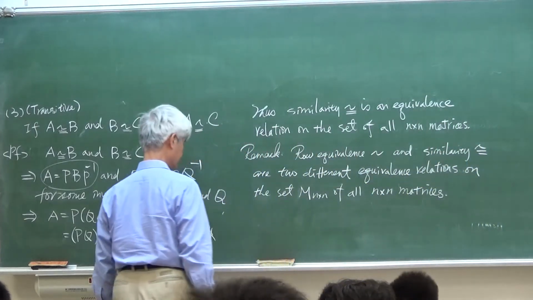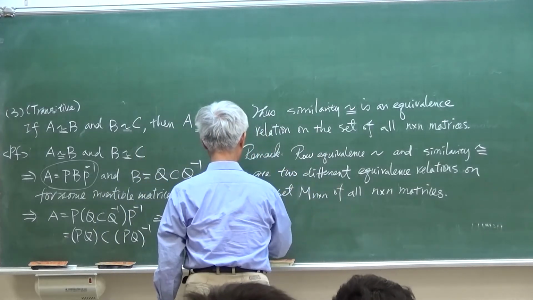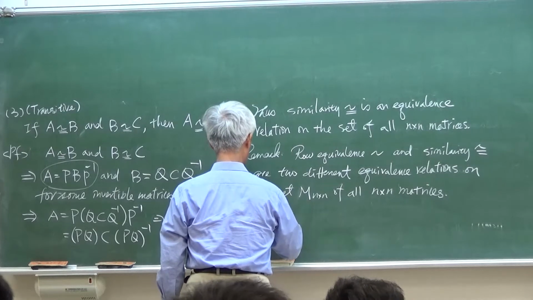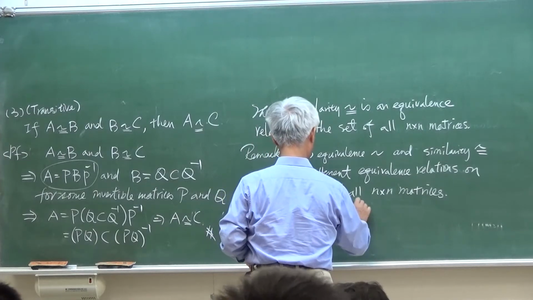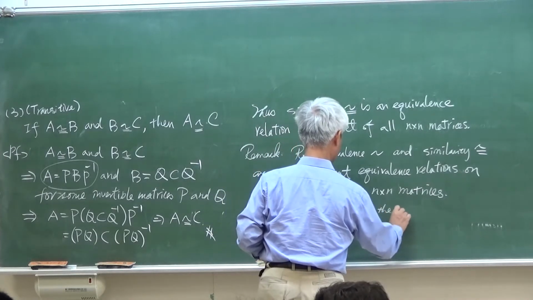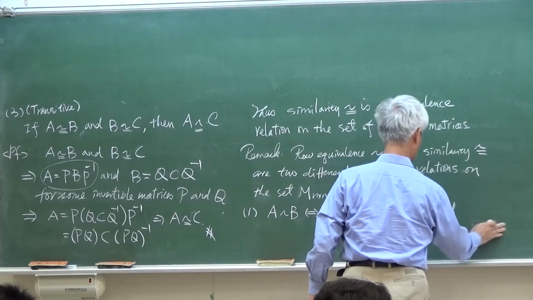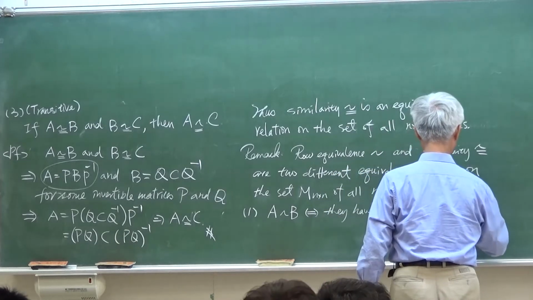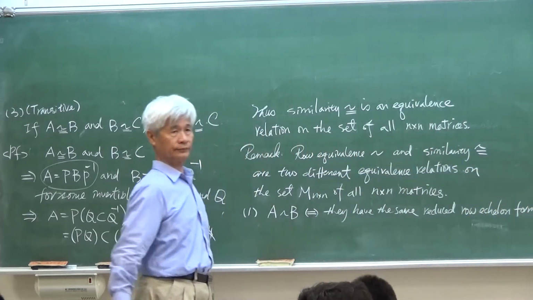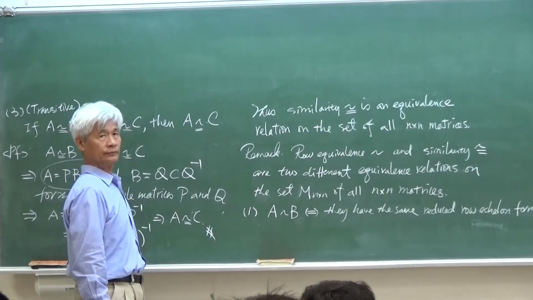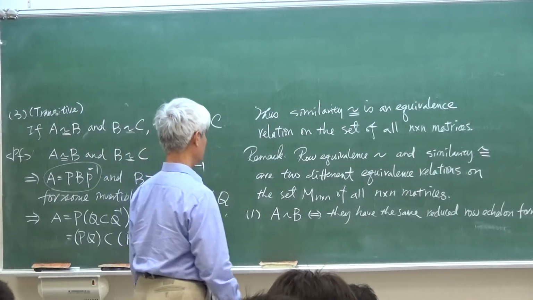A is row equivalent to B if and only if they have the same reduced row echelon form.